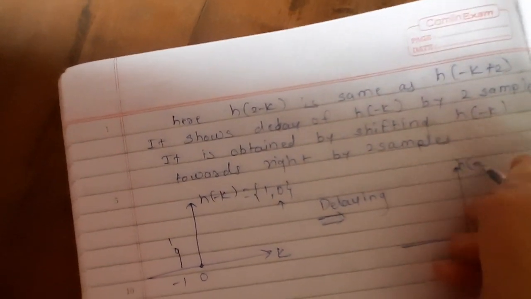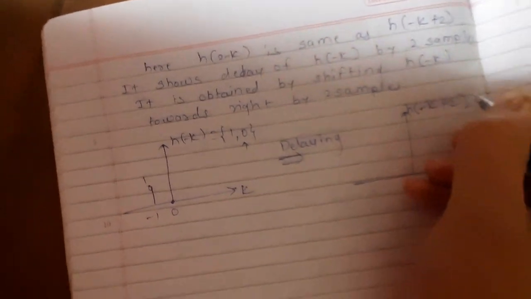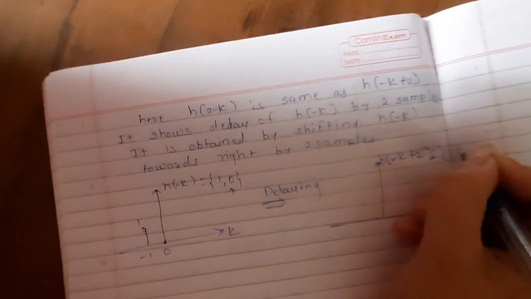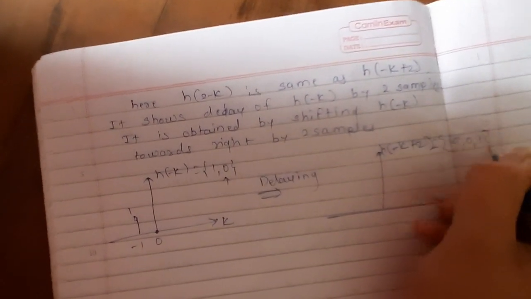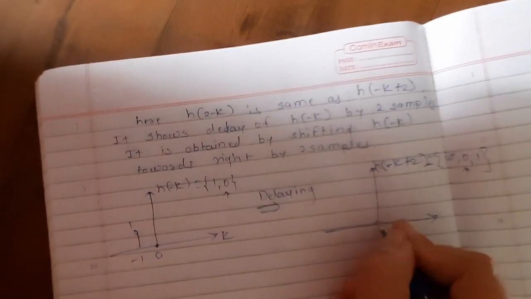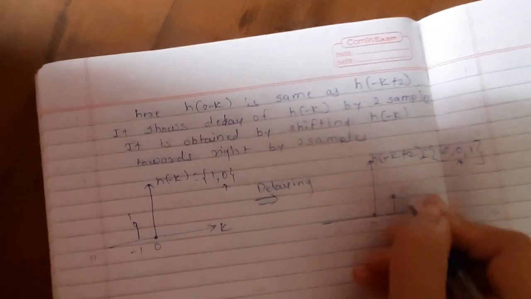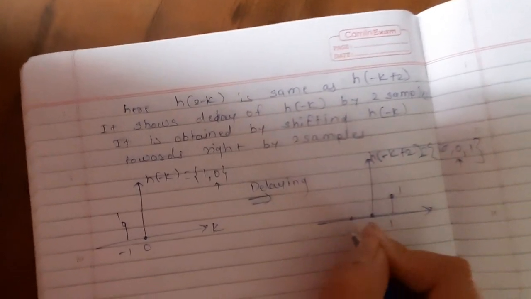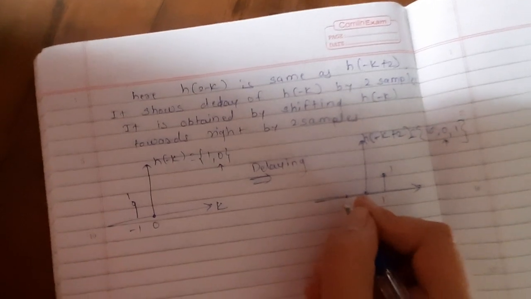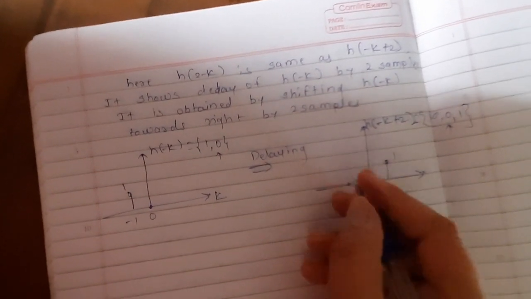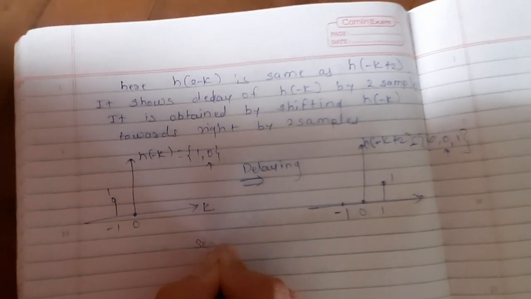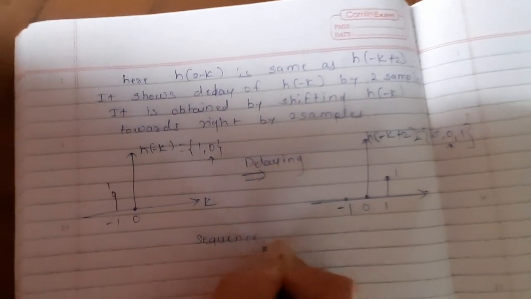So h of minus k plus 2. As it is plus 2, it is shifted towards the right. So this is the sequence h of minus k plus 2.